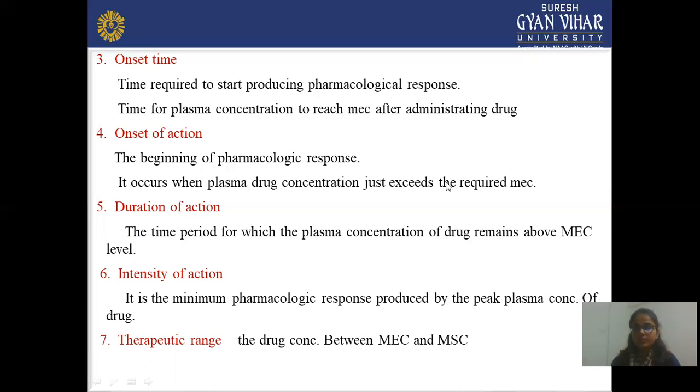The drug concentration between the MEC and the MSC is known as the therapeutic range. It is the concentration range between the minimum effective concentration and the maximum safe concentration. So these are the pharmacodynamic parameters.